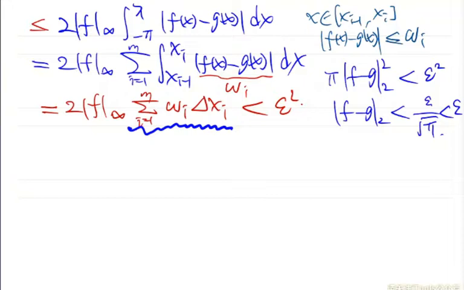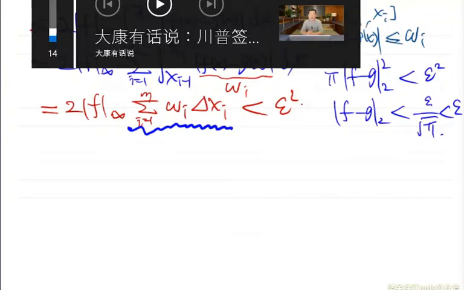Now, g is piecewise differentiable. Because g is a piecewise linear function, it is piecewise differentiable. So we know that the Parseval identity for g is true. Parseval identity for g is true.